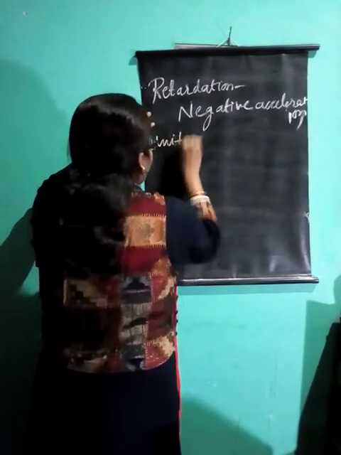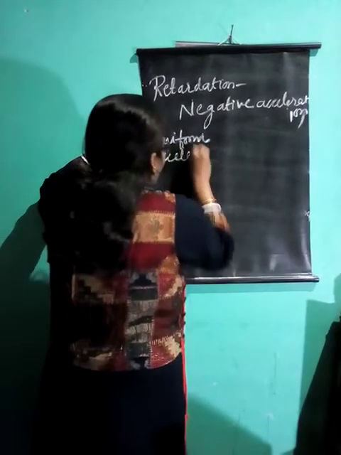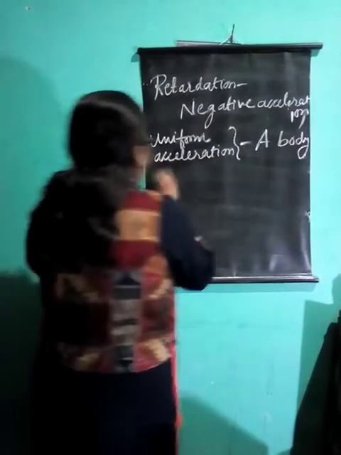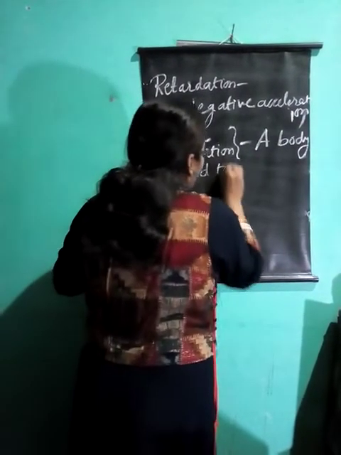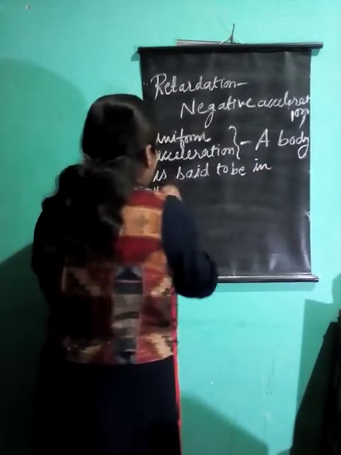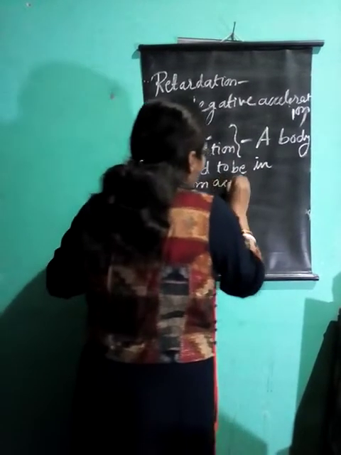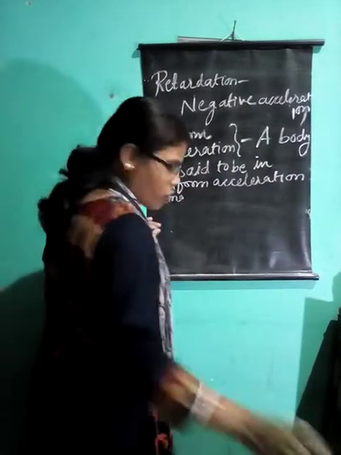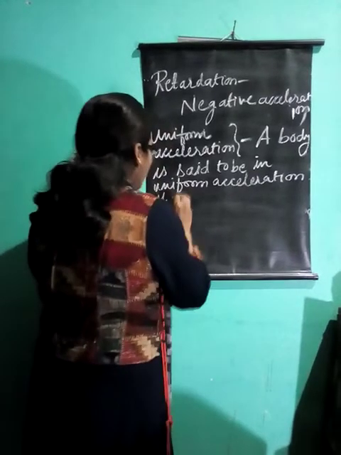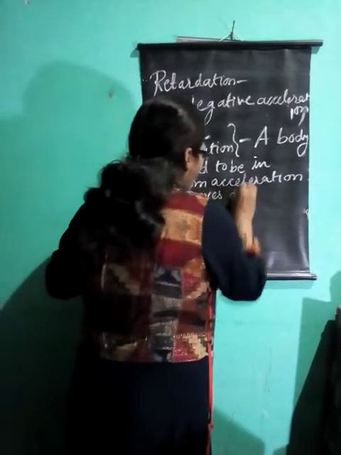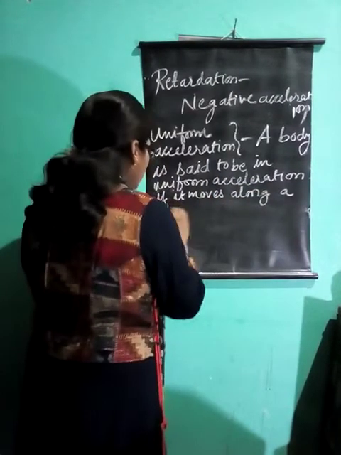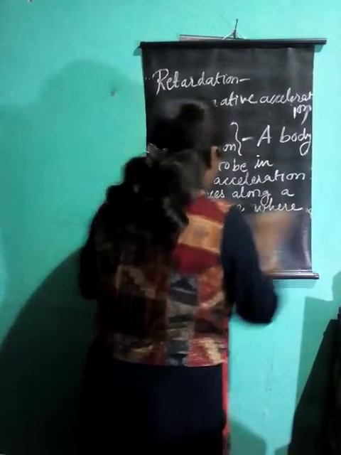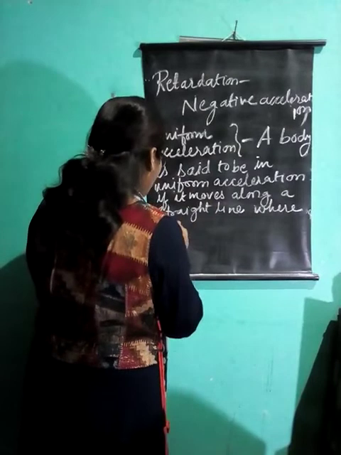Uniform acceleration: a body is said to be in uniform acceleration if it moves along a straight line where velocity changes equally in equal intervals of time.